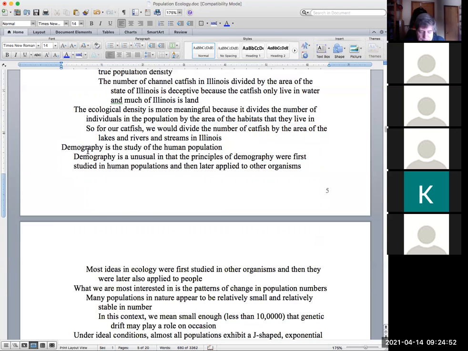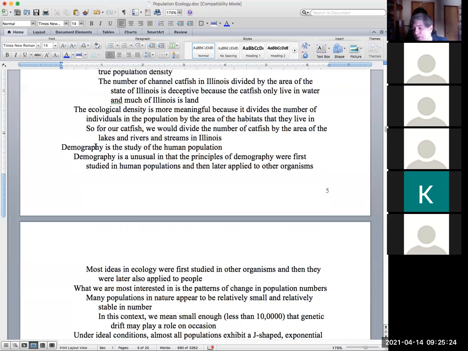And then after it was studied with regard to people, biologists realized that what they were studying also applied to other animals and even to plants and other types of living organisms. Almost everything else that has been studied in ecology was first studied in other organisms, and then after a while, biologists figured out, oh, it also applies to people. So in a sense, demography started backwards.